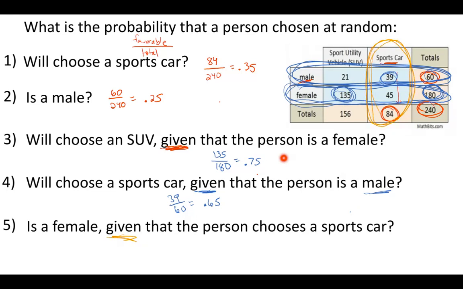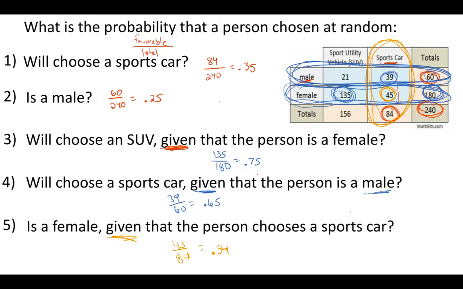And then we want the female one in that one. So that's 45 out of the total number of sports car people, which is 84. 45 divided by 84 is 0.535, so let's say 0.54. So 54% of the sports car people in the survey were females. And that's just because it looks like there's more females surveyed than there was males.